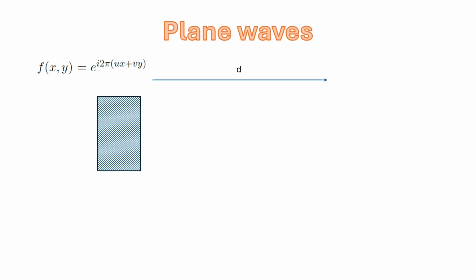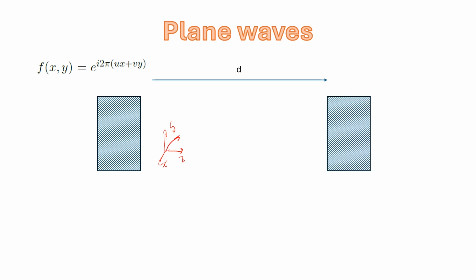Here's a plane wave that would be propagating with a wave vector having coefficients both in the x and y directions. Here's z, and this wave vector would be up in this direction and would remain a plane wave as it propagates.